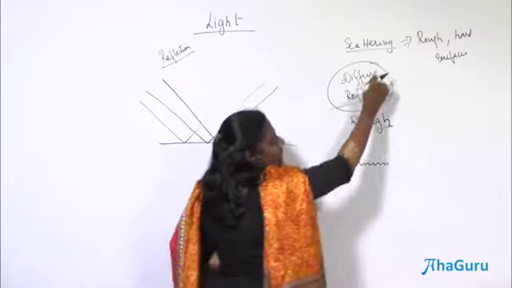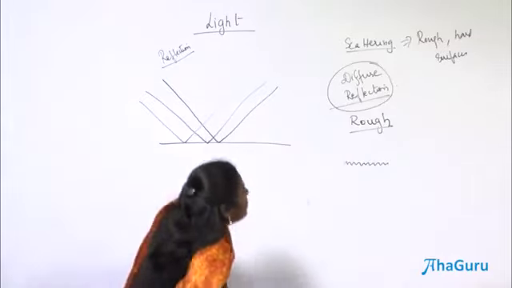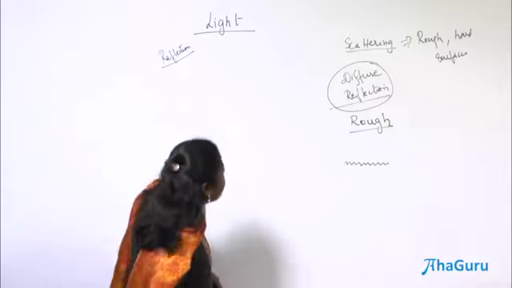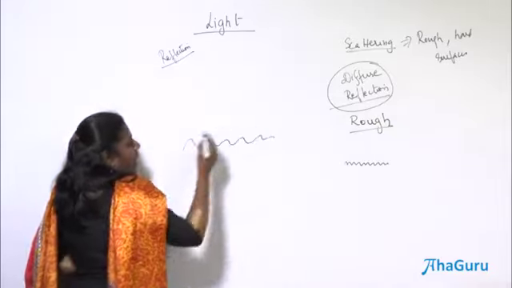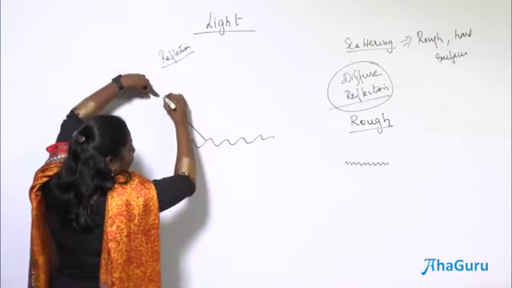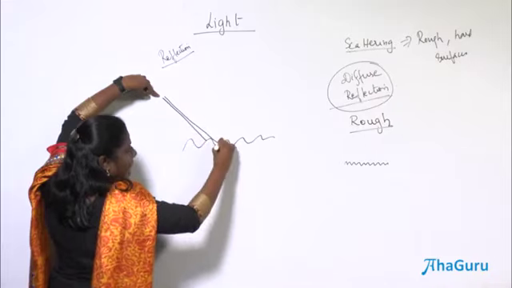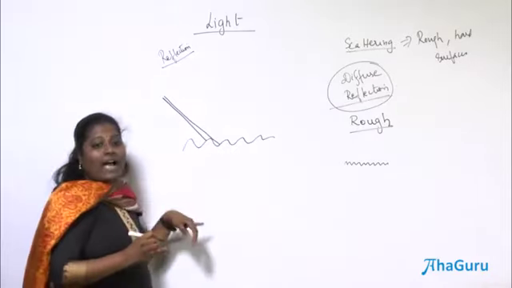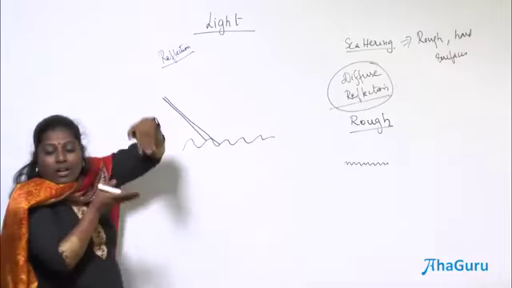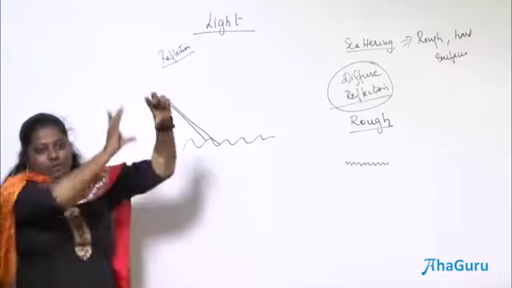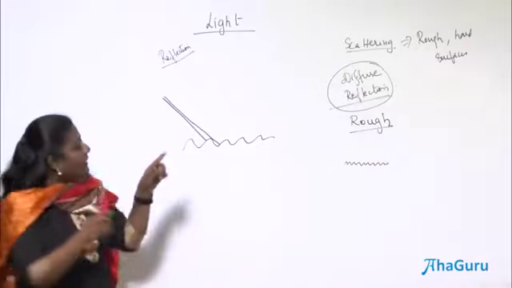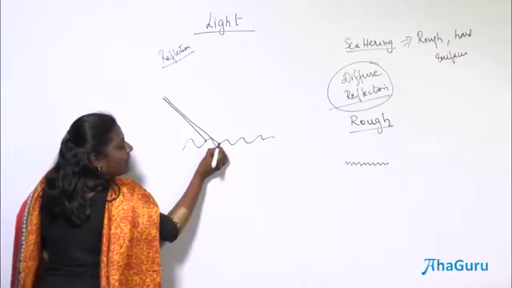But in diffuse reflection, when the beam of light comes to this surface, one ray comes like this, but the second ray hits somewhere here, and each ray has a different normal, though they are all from the same beam. Assume a beam of light with 10 rays in it, each landing at some other place.